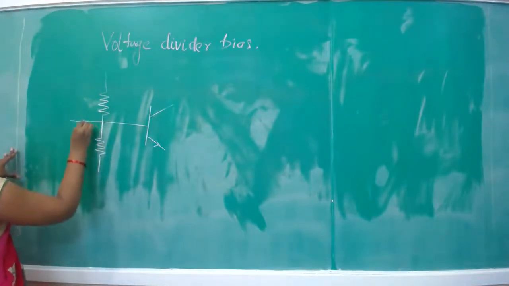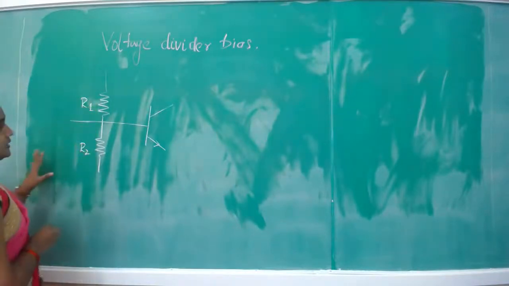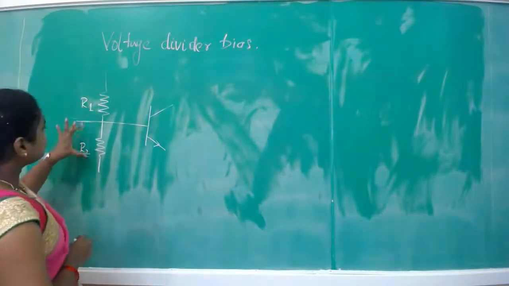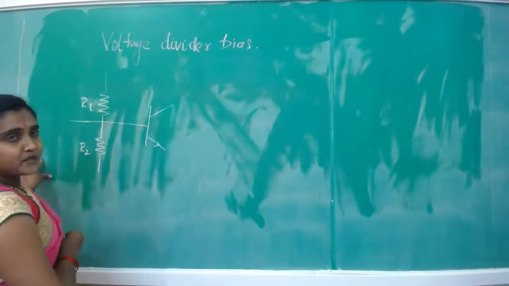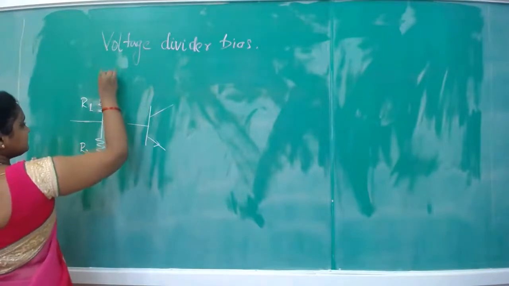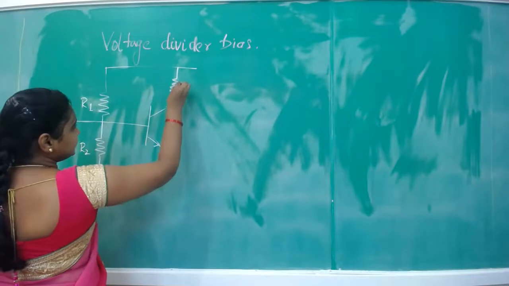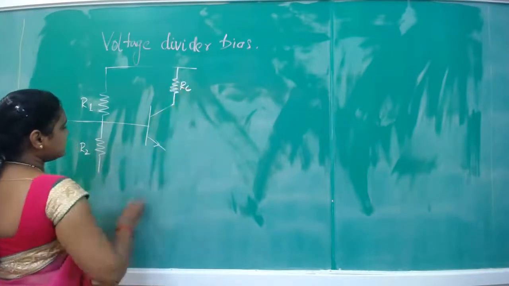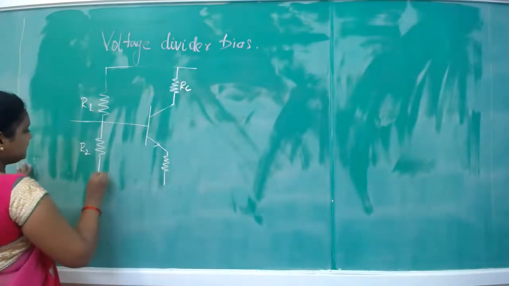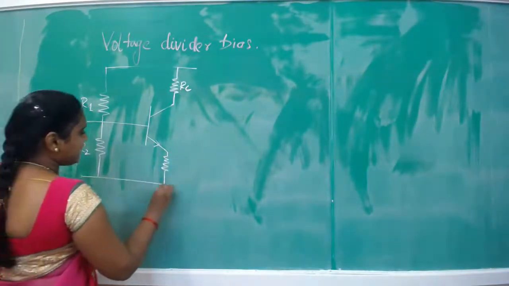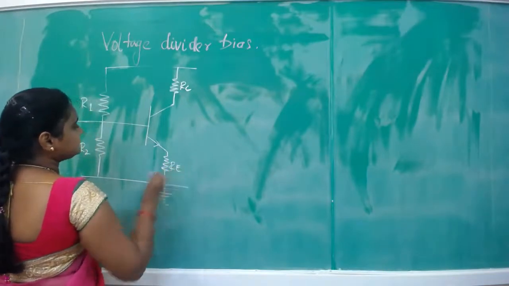The two resistors used are R1 and R2 for biasing a transistor. A resistor across the collector terminal is termed RC. A resistor is also present at the emitter terminal, termed RE. This is RE.